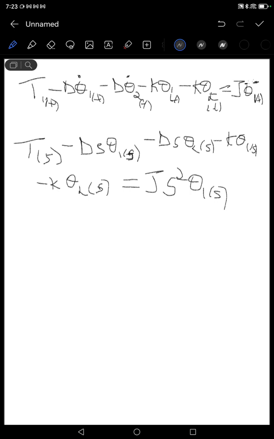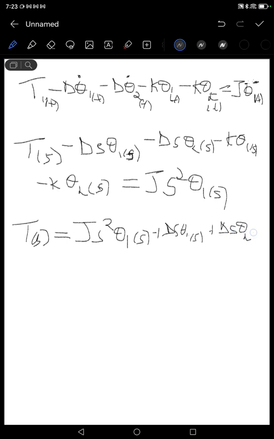So we're going to take the damper and the stiffness to the right, so we're left with T of s equals J s squared theta 1 of s plus d s theta 1 of s plus d s theta 2 of s, and then plus k theta 1 of s, and then another k theta 2 of s, like this.